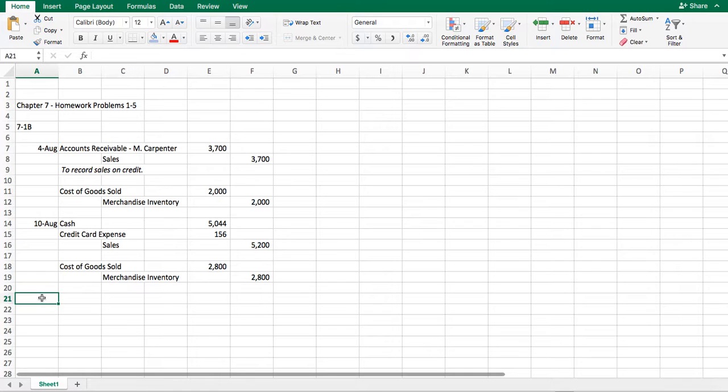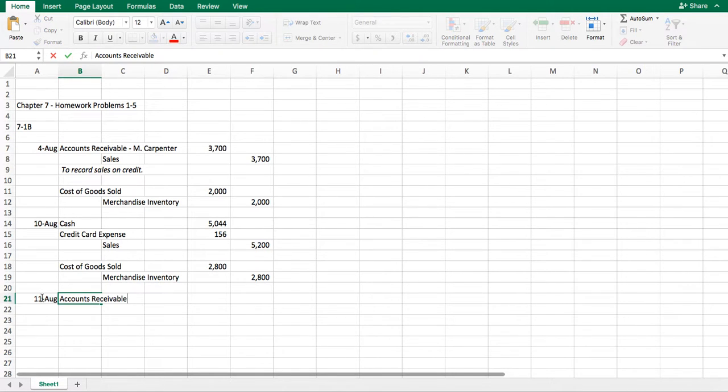The next transaction happened on August 11th. On August 11th, we sold $1,250 of merchandise that had a cost of $900 to customers who used their Aztec card. On the Aztec card, we were told in the problem there's a 2% charge. But they did do that on credit, so it's an accounts receivable.